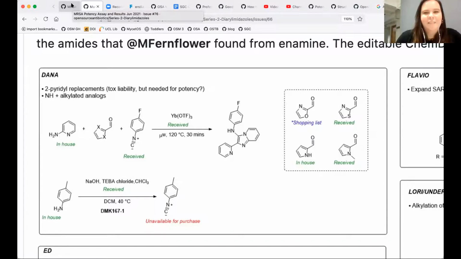So sorry, what is the oxazole? That one I didn't buy because it's really expensive. The thiazole and the NH. No, sorry, the N-methyl. What is that? Pyrrole? Okay, great. I know what it's called.